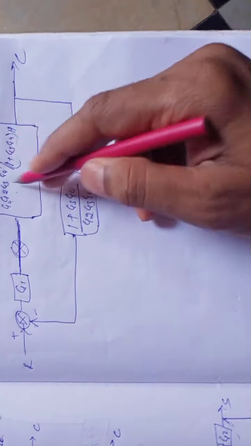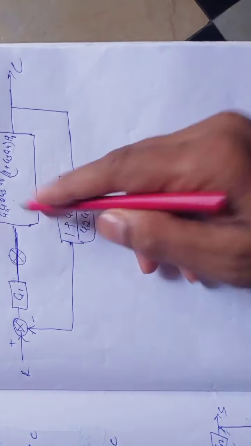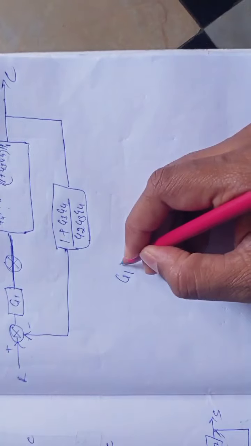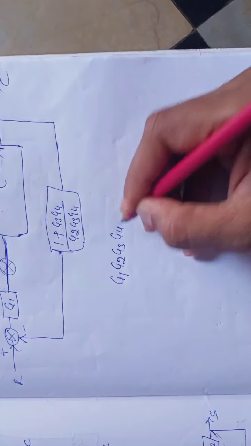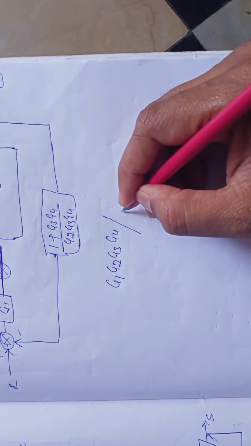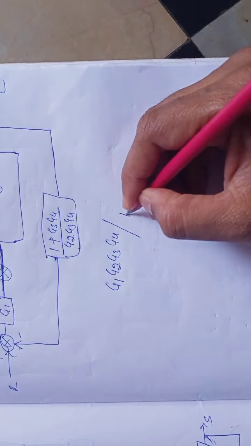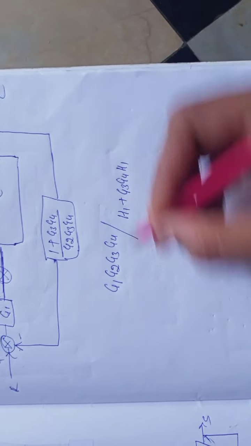Then I simplify this first. G1 G2 G3 G4 divided by, inside I have written, H1 plus G3 G4 H1.